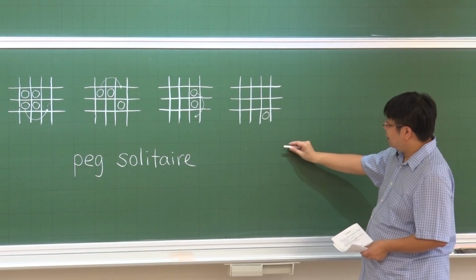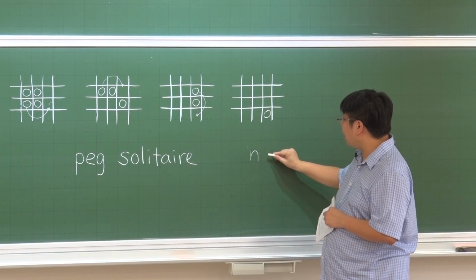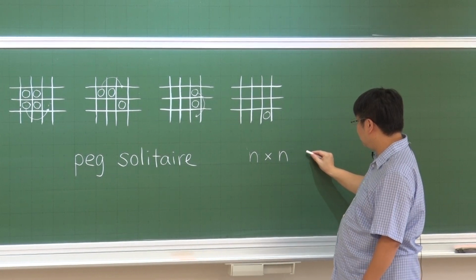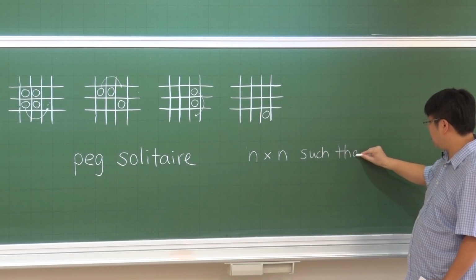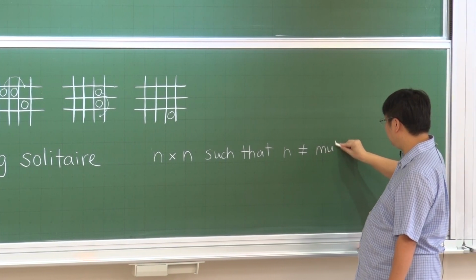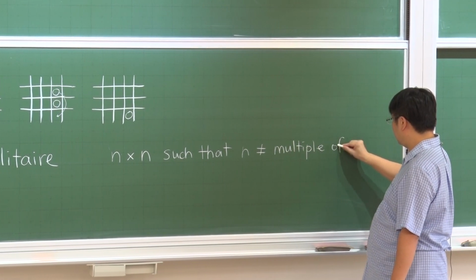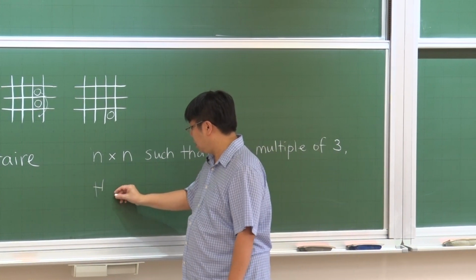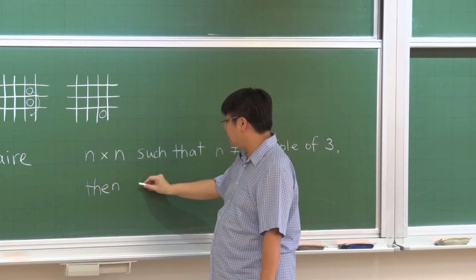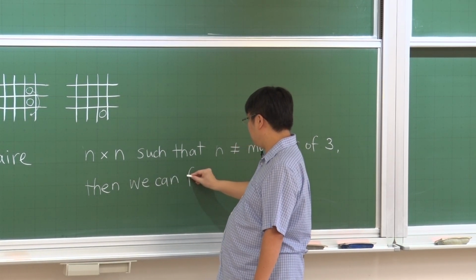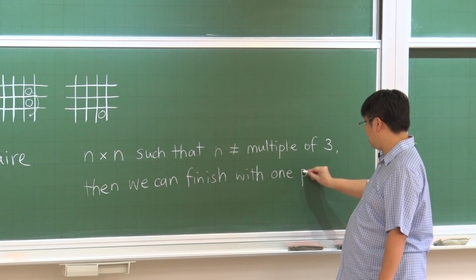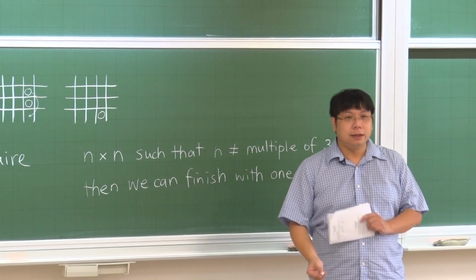The easy part is, if you are given the initial configuration, which is an n by n square, here it is 2 by 2, such that n is not a multiple of 3, then this game can always finish with 1 piece. This is the easy part.